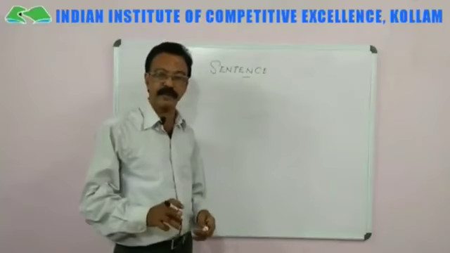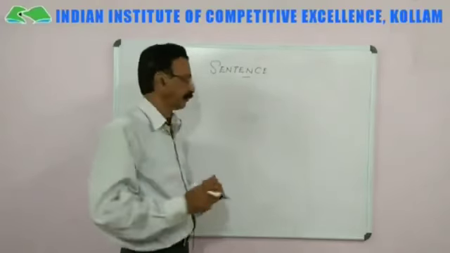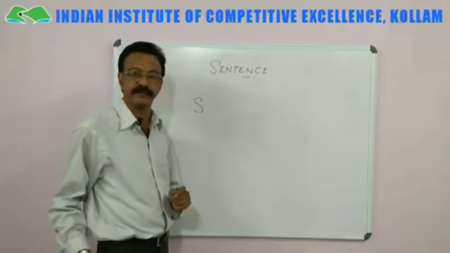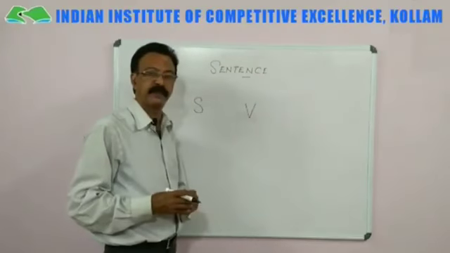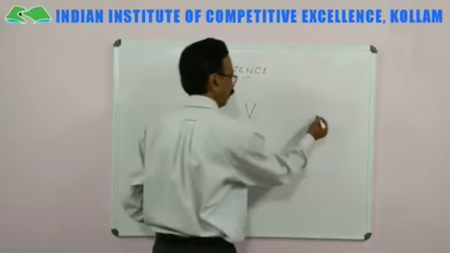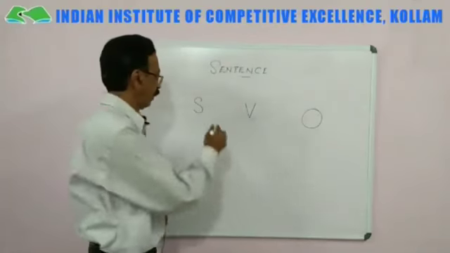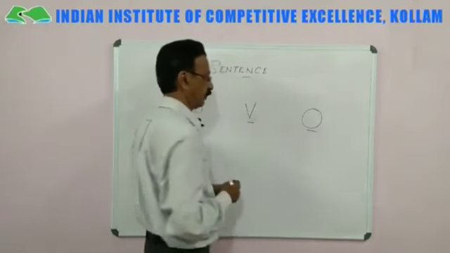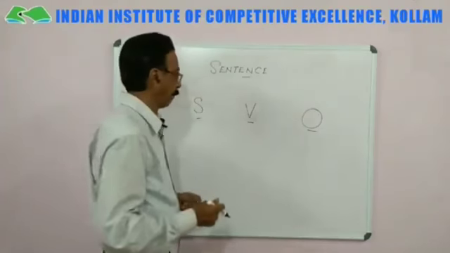And a sentence has a structure: subject, verb, and object. Subject, verb, object. Object is sometimes called predicate.